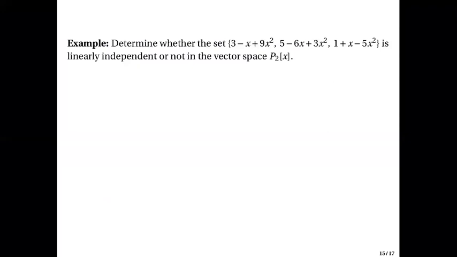Let's look at this. Determine whether the set 3 minus x plus 9x squared, 5 minus 6x plus 3x squared, 1 plus x minus 5x squared is linearly independent or not in the vector space P2.